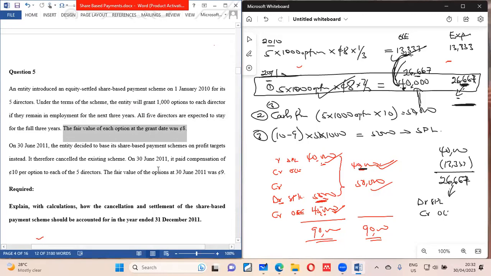In the modification question, they did not give us the 10. It means that it will be the fair value from the grant date that will be running through. Okay. So that is that. All right. Any more questions?